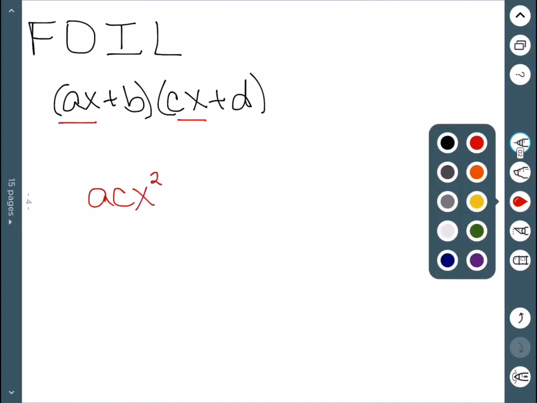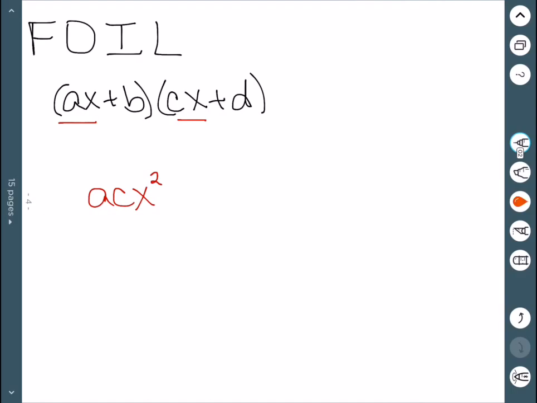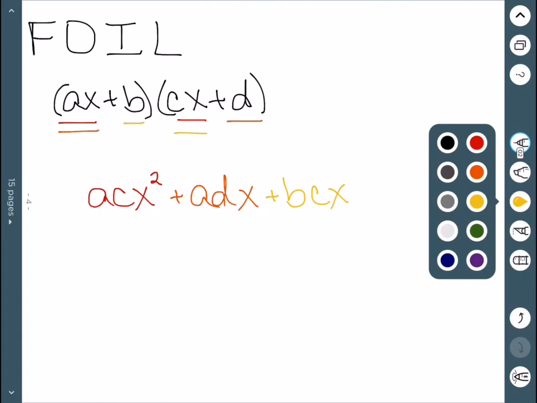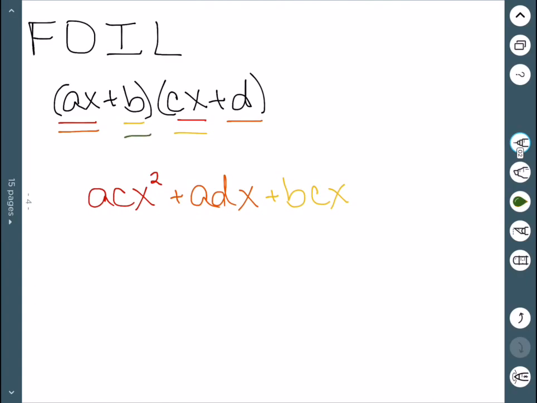The O stands for outer, so we multiply the outside two terms, which would be a dx. The I is inner, the inner two terms, b times cx. And then the L is for the last two terms, bd. And then we can simplify from here.